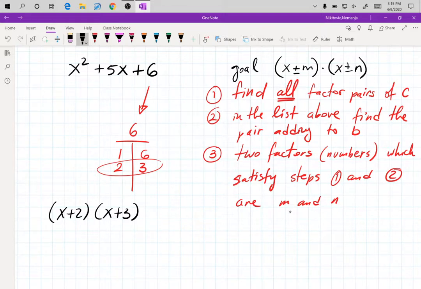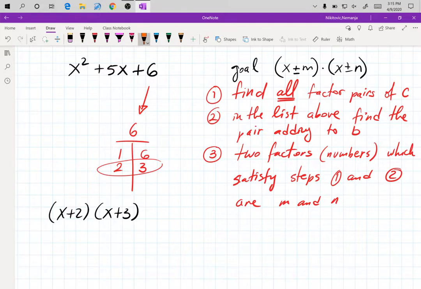Find all pairs. Don't be lazy, because some problems are tricky, especially when the minus signs kick in. So please list all of the pairs, and then once you have the pairs, find the one that you actually need.